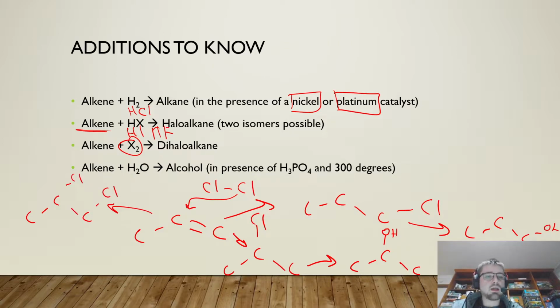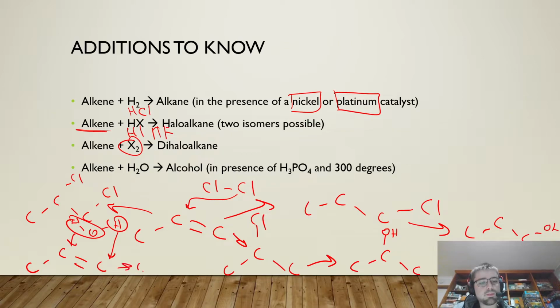And if we add water, then we can actually make an alcohol straight from an alkene. So we have the OH here. We can imagine that we've got the H adding to one bit, and we've got the OH adding to the other one.